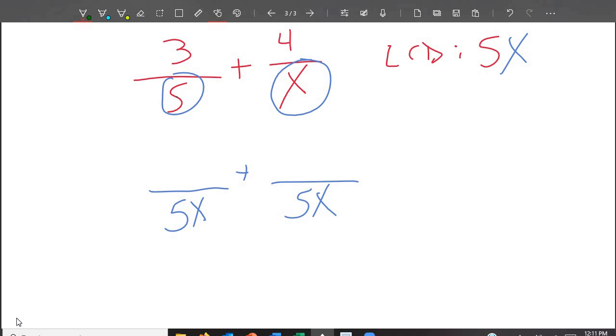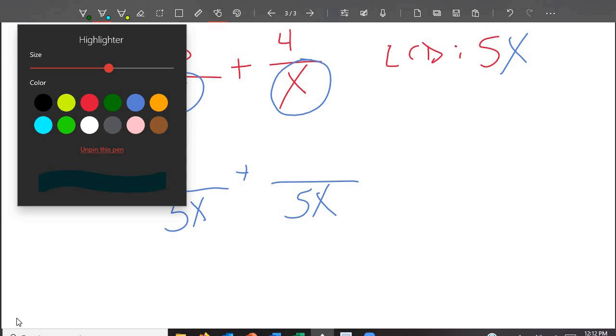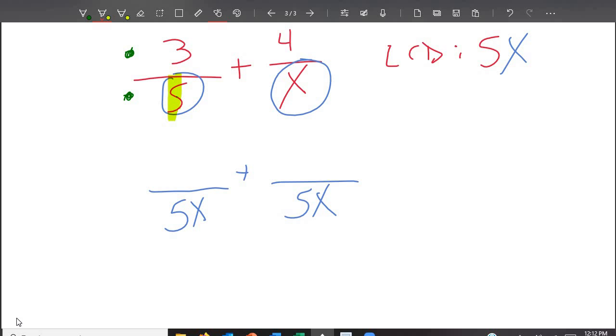Now, if I want this 5 to become a 5x, I'm going to have to multiply it by something. Here's, I think, an easy way to do it. Highlight the original denominator. Whatever's not highlighted, that's what you're going to multiply by. And then we'll get 3x. Over here, I'm going to do the same thing.